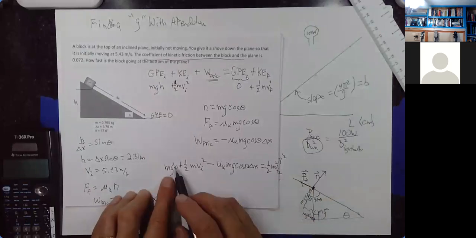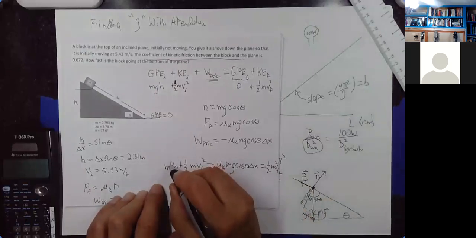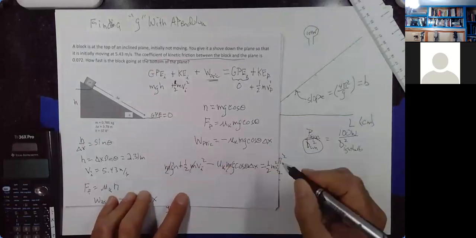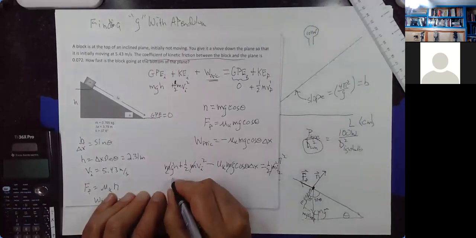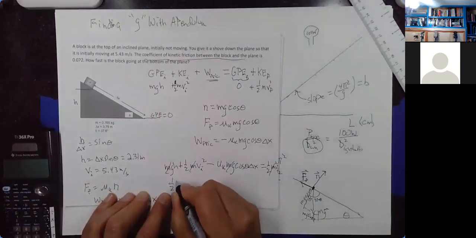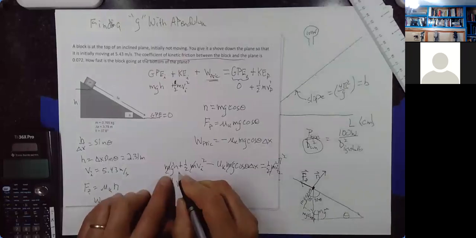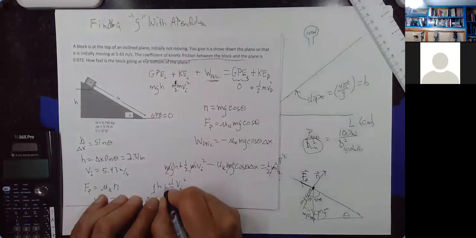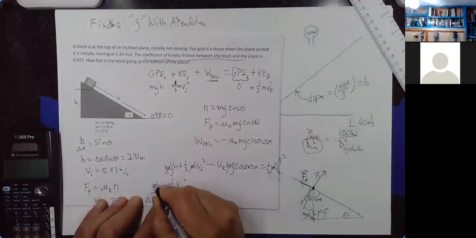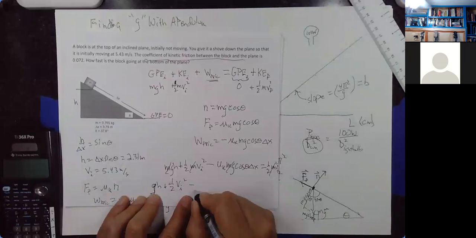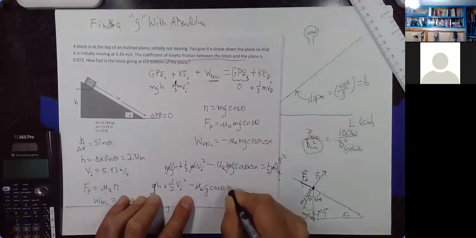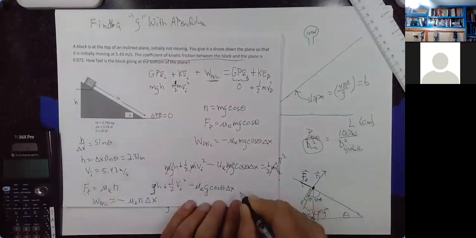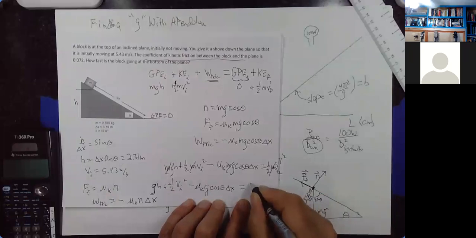And notice every term in here has the mass, which is why they didn't bother to tell us what the mass was. So I can divide that out. Let's see, 1/2 v initial squared, whoops, I forgot the gh, plus gh, minus mu sub k g cos theta times delta x, lots of stuff to plug into your calculator on this one, is going to equal 1/2 v final squared.